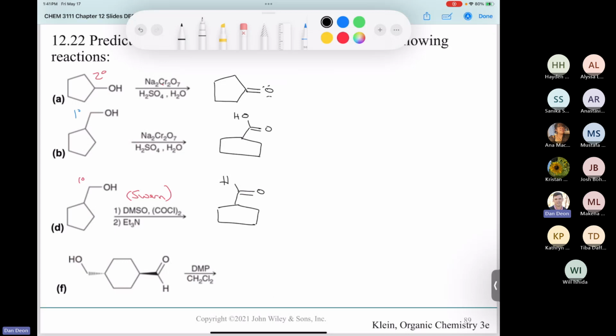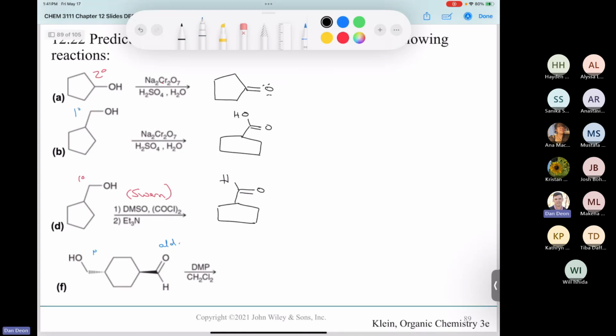And then the last one, we have a primary alcohol on one side and an aldehyde over here, right? The reagent DMP is Dess-Martin periodinane. So the primary alcohol, what's that going to get oxidized to? Aldehyde, exactly.